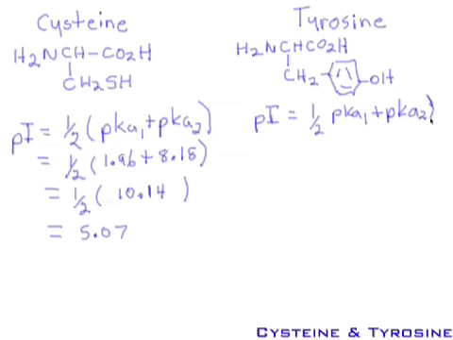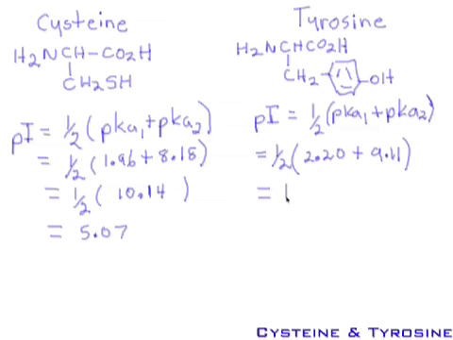If I do this, pKa1 for tyrosine is 2.2. pKa2 for tyrosine is 9.11.